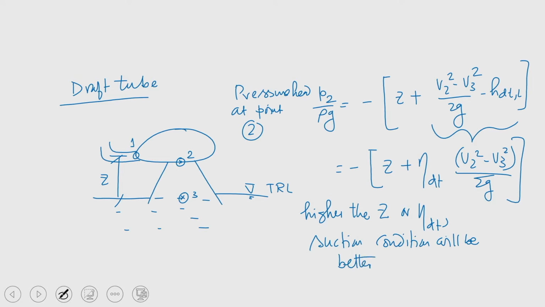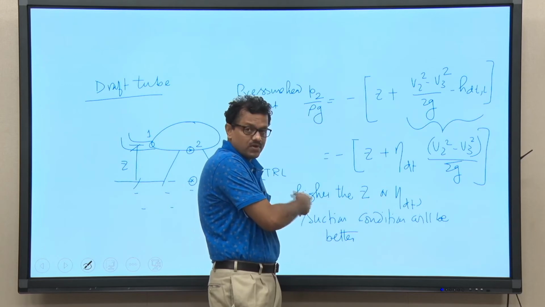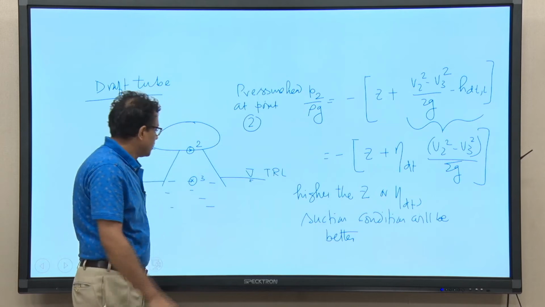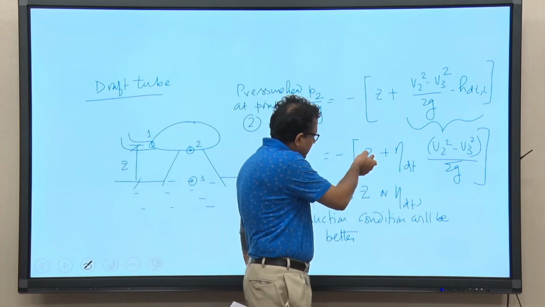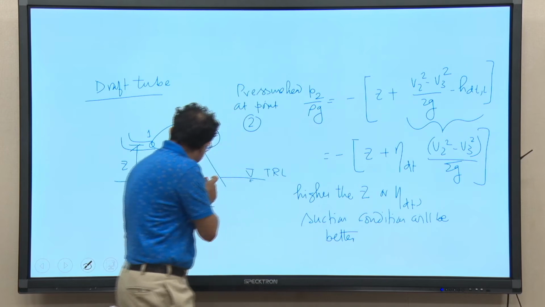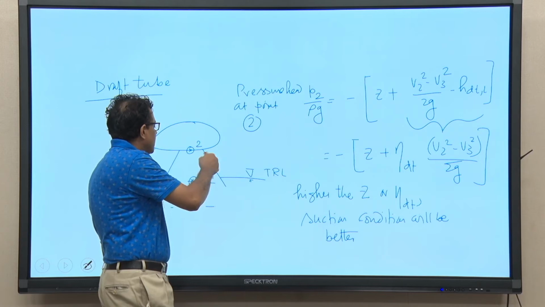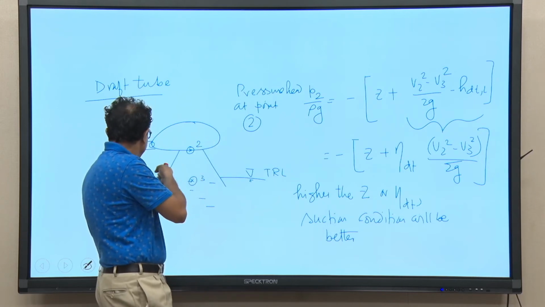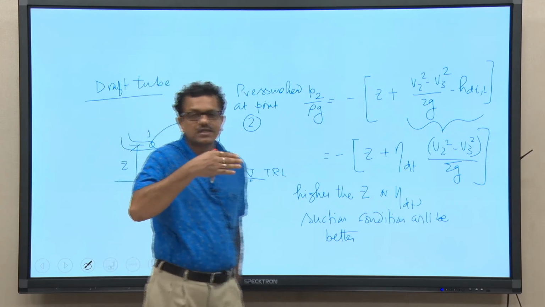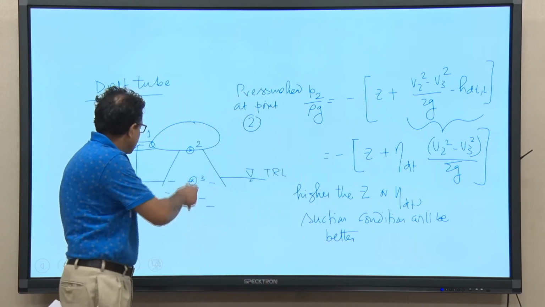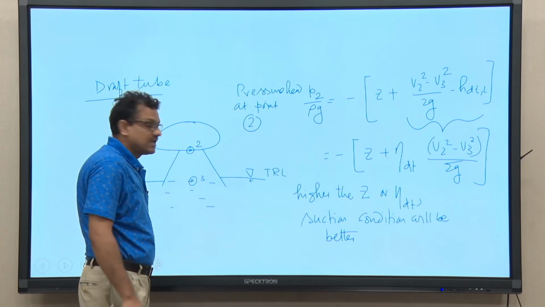Right. So, you try to understand, but at the cost of having a relatively better suction condition, probably we are going to invite several other problems. Which are those? By increasing Z, we can set the turbine above the tail race level. If we increase Z, it is possible to set the turbine at a sufficiently higher level from the tail race level.